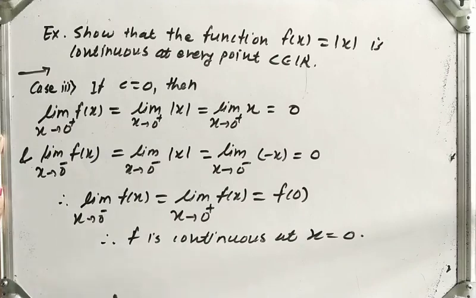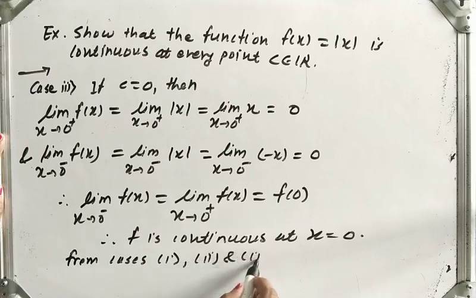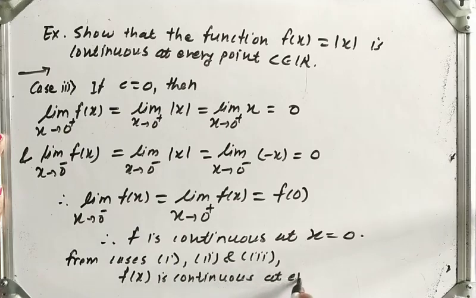Therefore from case 1, 2 and 3 we can say that f is continuous at every point c. So from cases 1, 2 and 3, f of x is continuous at every point c belongs to R.